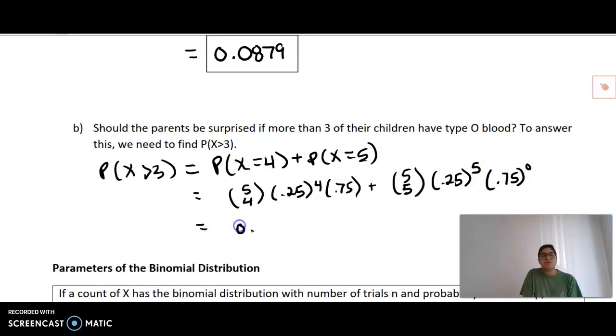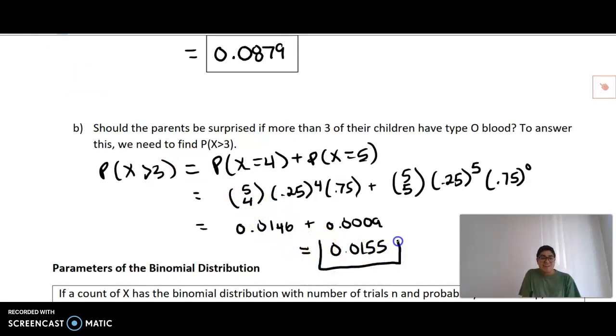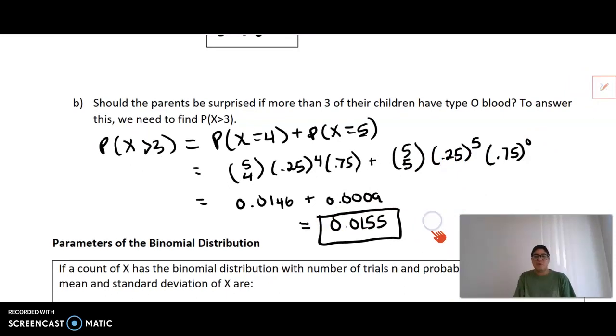Well, I'm going to take 0.0146 plus 0.0009, which are given to me from the calculator. And when I add these 2 numbers together, I get a very tiny probability of about 0.0155. This is very unlikely to occur by chance, so I would be very surprised if I end up with more than 3 kids who have type O blood. So that's the thinking there.